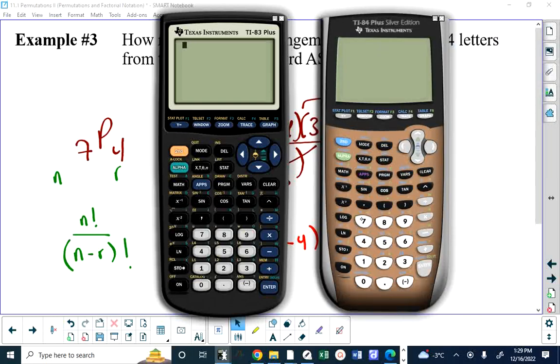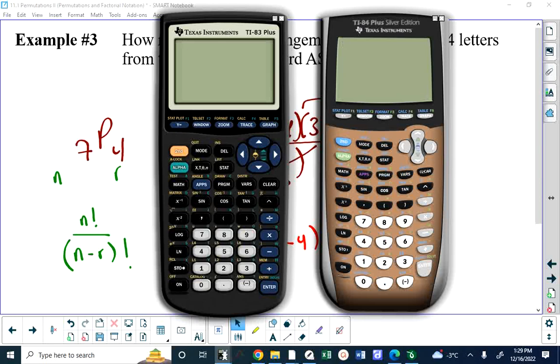If you do that here, I'm not sure what happens here. I don't know if you have that on. Yeah, you don't. I thought maybe on your calculator where the R and the N were that there would be little places you can put the numbers in. Does anybody have a calculator where that happens? Okay.